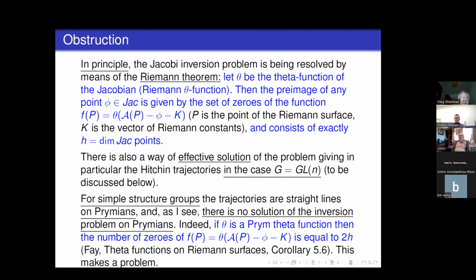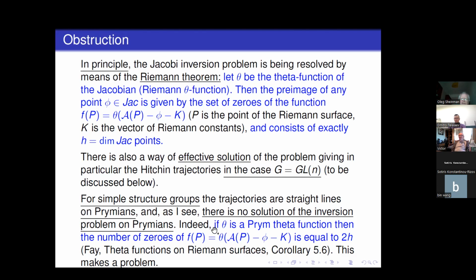But let's focus on the obstruction for simple groups. For simple structure groups, the trajectories are straight lines on Pryms versus Jacobians. And as I see, there is no solution of the inversion problem on Pryms.